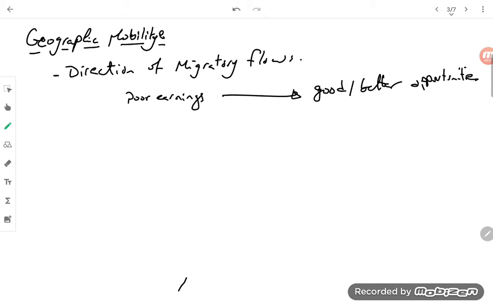So if you study migration between countries, you can find that people are going to move to places where full-time worker earnings are the highest.